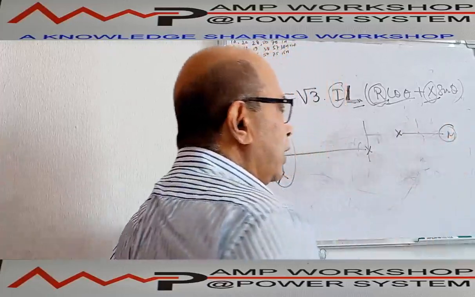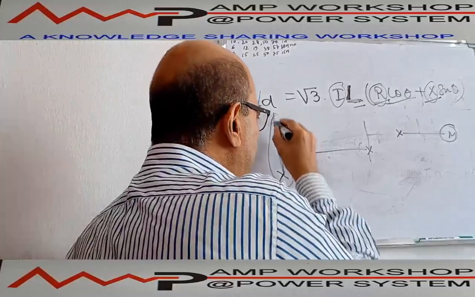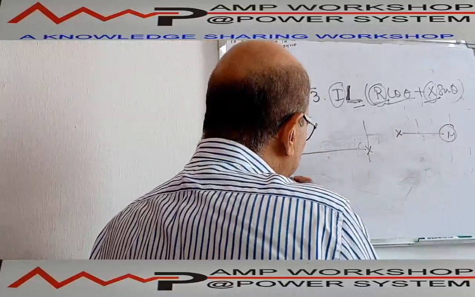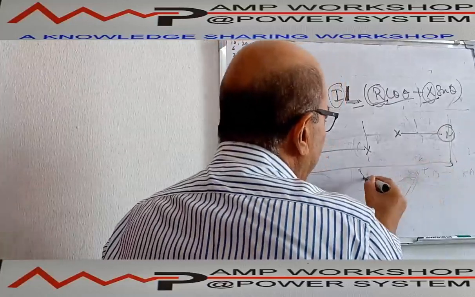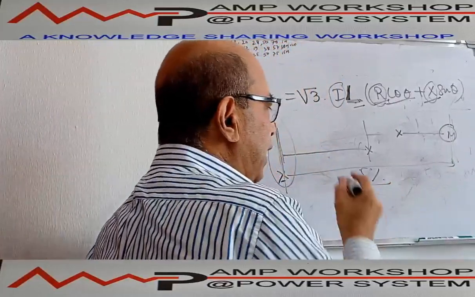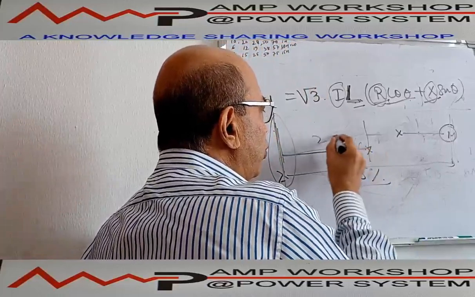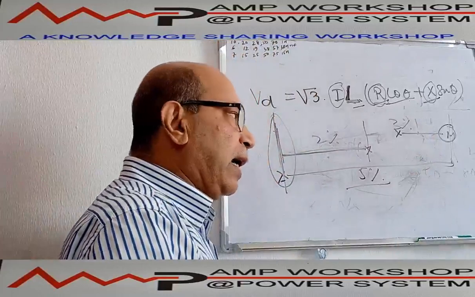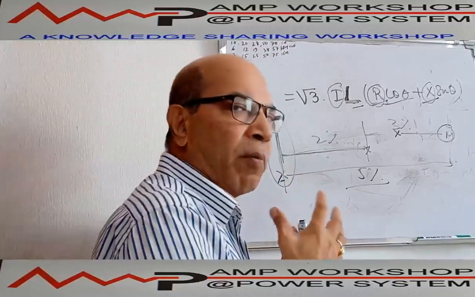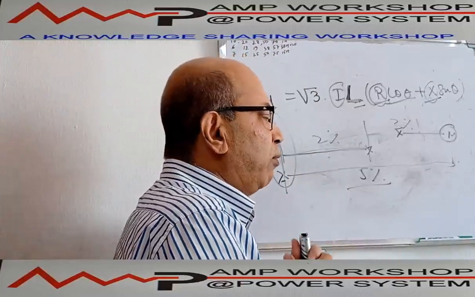Suppose this is the motor. So as per NEC, from the main source, the reference voltage point, to the end point, maximum voltage drop allowed is 5%. Out of that we consider the main voltage drop is 2%, branch circuit voltage drop is 3%. That is the guideline to check the voltage drop in the normal operating condition for continuous full load current.